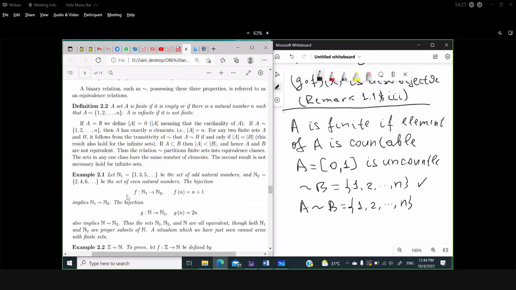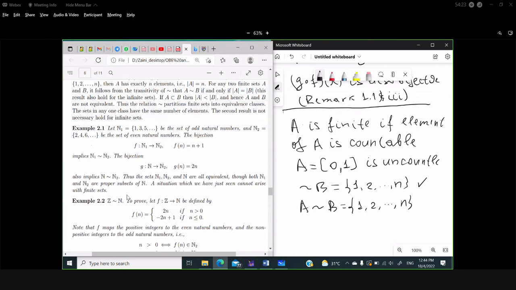For example, take N1, the natural number set 1, 3, 5, 7, and so on. You see, the elements of this set are not finite, but still this set is called countable. Countability comes from the countable sets.